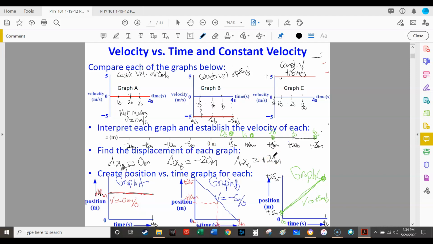Okay, so the object A, graph A, had no displacement. Graph B had a -20 meters displacement for that 4 seconds, and graph C had a +20 meters displacement for that first 4 seconds.